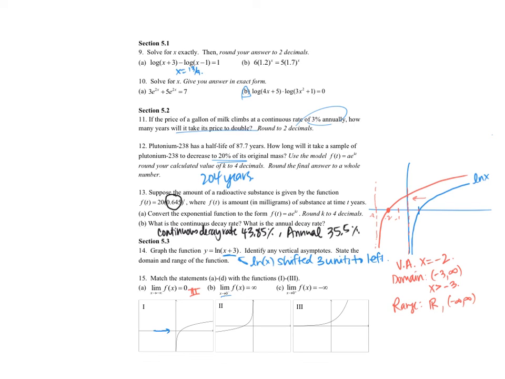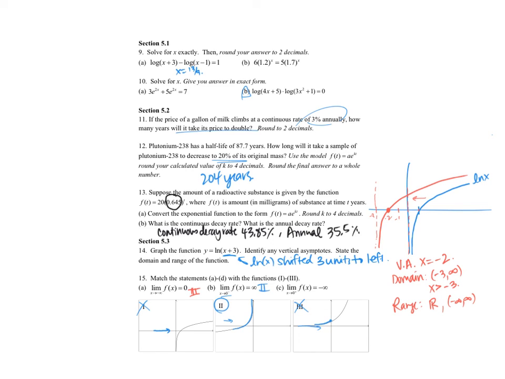For the first graph, it doesn't even have any x values when x is negative, so that one we can rule out immediately. For this one, as x approaches 0 from the left, my function is going up to infinity. So it looks like this is the one I want. For this one, as x approaches 0 from the left, my y value is getting closer to some finite positive value, so it's not that one. So the answer here is 2.